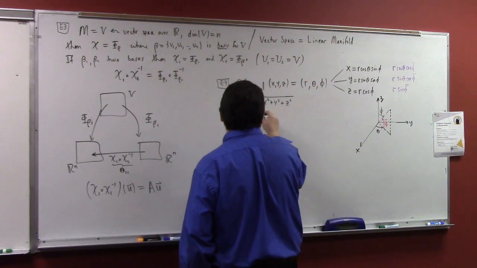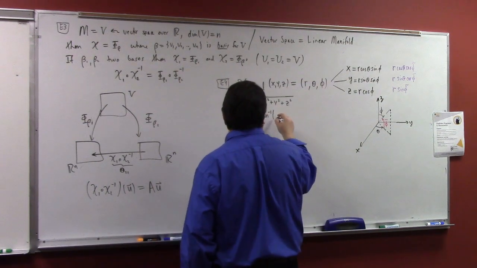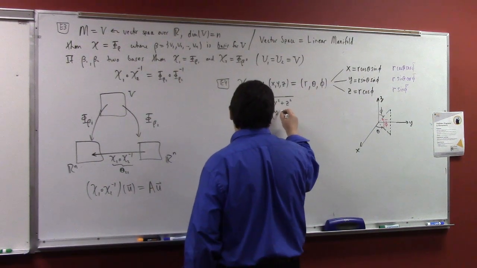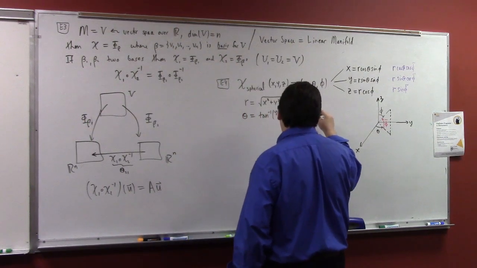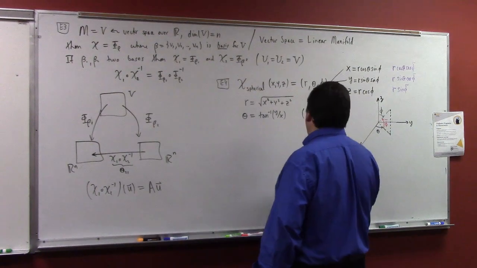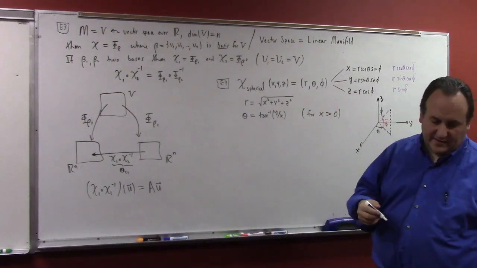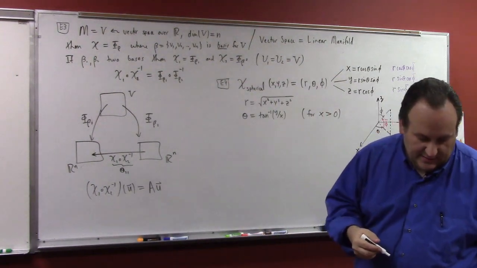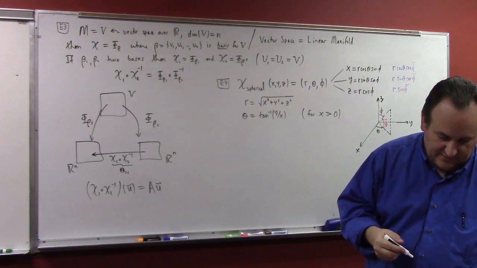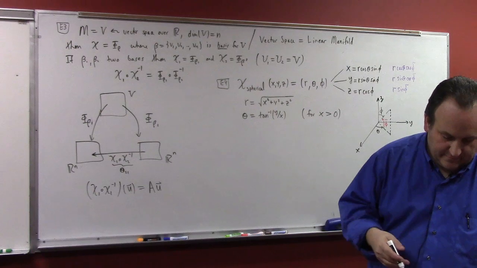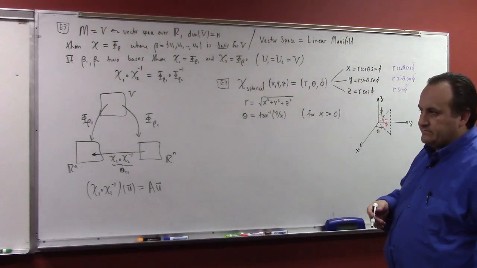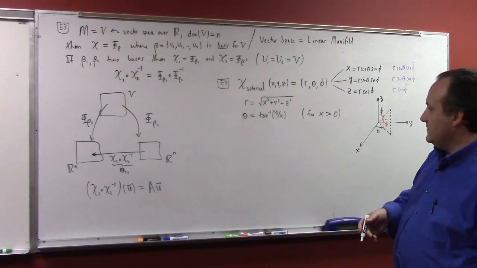Theta is inverse tangent. Now this is a lie. Okay, this has got strings attached for x greater than 0, right? And if you're willing to add a number to that, then you can say it's right for everything except for the y-axis, you know?